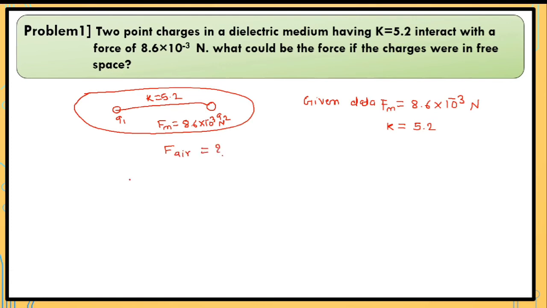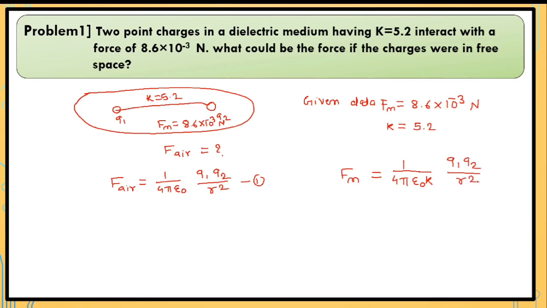We are familiar with that, the force in air is 1 upon 4 pi epsilon 0 Q1 Q2 upon R square, and the force in material medium is 1 upon 4 pi epsilon 0, where the additional quantity is K, Q1 Q2 upon R square.